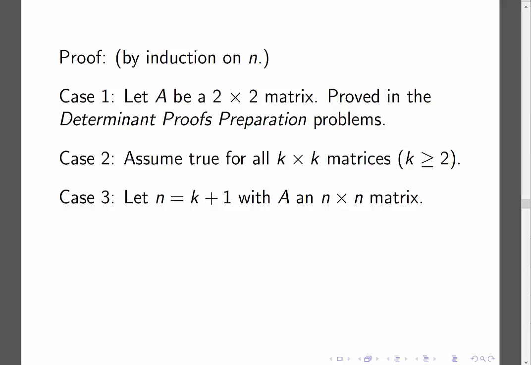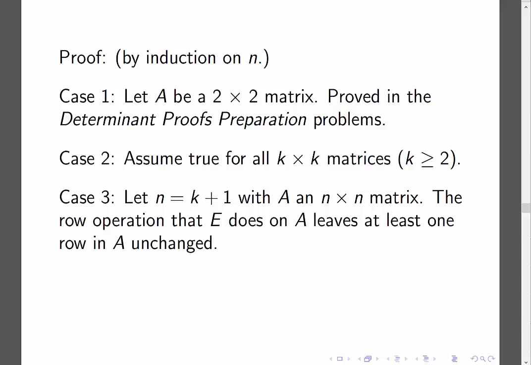So really, the bulk of this proof, as with all proofs by induction, is going to be about the third case. What we do is recognize that we're only doing one row operation, and the row operation that E does on the matrix A is going to leave at least one row unchanged. Remember that k is at least 2, which means that n is at least 3.